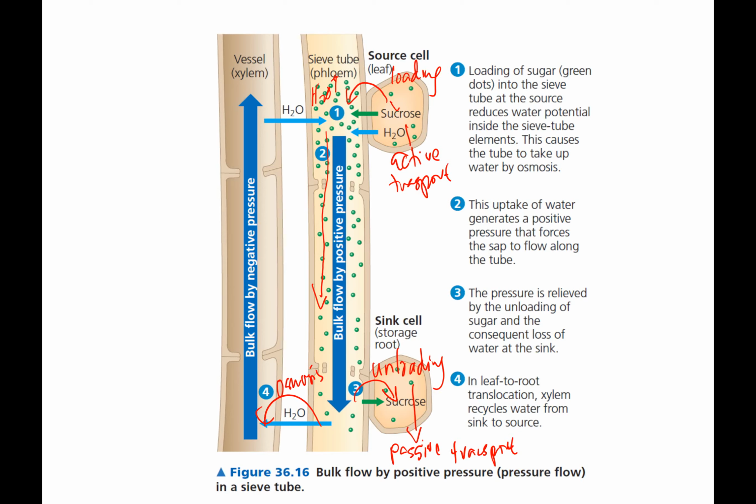And then the process of osmosis will occur to help the movement of sucrose through the phloem or sieve tube. That is the mechanism of the pressure flow hypothesis in phloem. Okay, thank you, class.